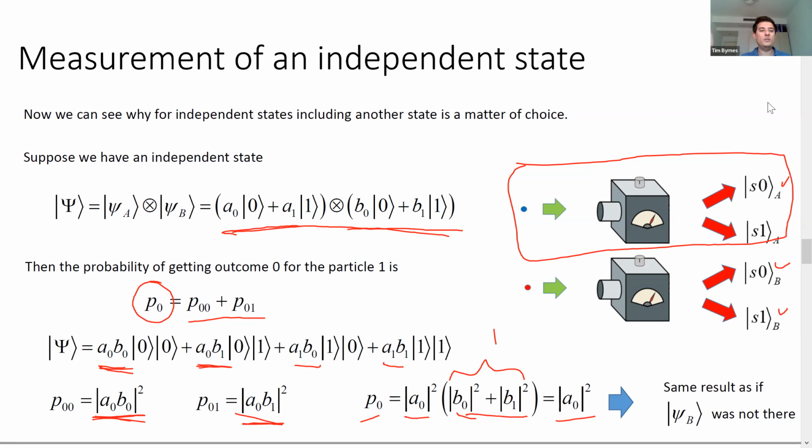So you can have that wave function, but it wouldn't really do anything. Just like the probabilities that Alice measured don't depend upon Bob at all.